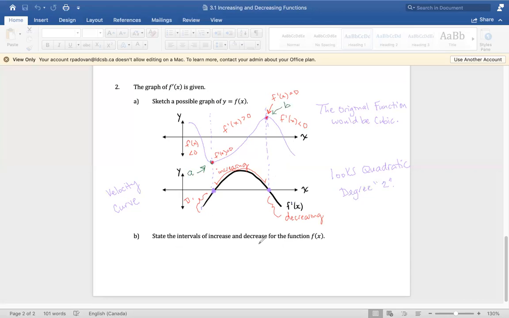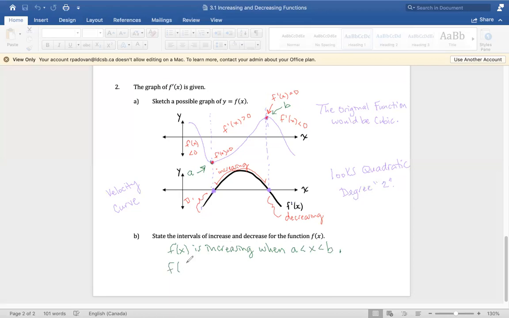So state the intervals of increase and decrease for the original function. The original function f of x is increasing. Let's start with when it's increasing. Let's go up and take a look. The original function is only increasing between A and B, but at least now we can say starting at A and ending at B, not including those values. It's increasing right afterwards and all the way up to, but not including. So when x is between A and B, it's increasing.